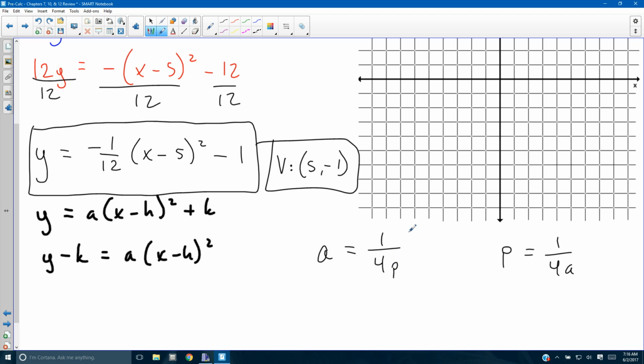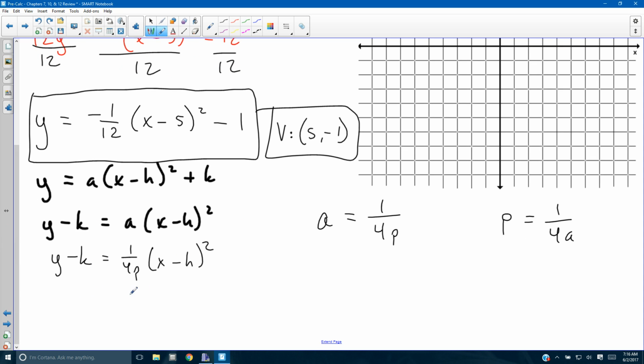P represents the distance from vertex to focus in one direction, and in the other direction it is the distance from vertex to the closest point on the directrix. If a is 1 over 4p, you might see this equation in your book. If you multiply both sides by 4p, you get x minus h quantity squared equals 4p times y minus k.